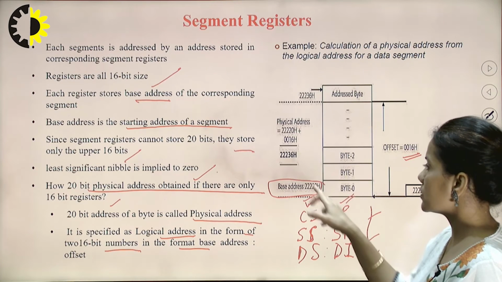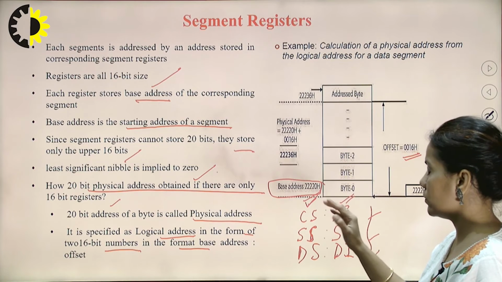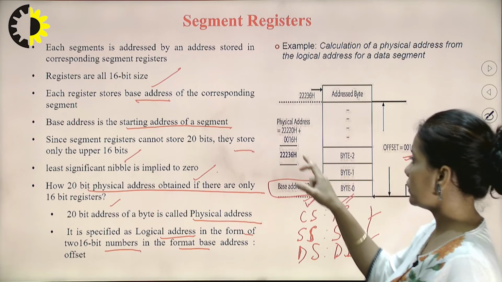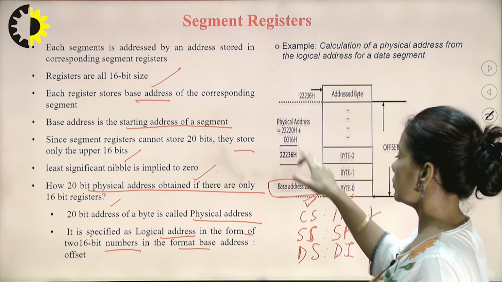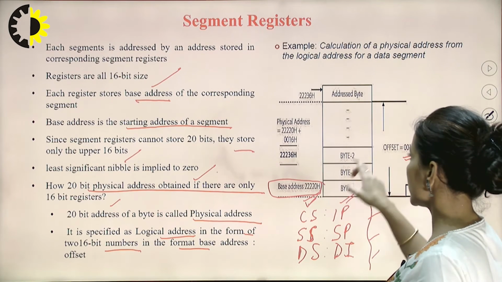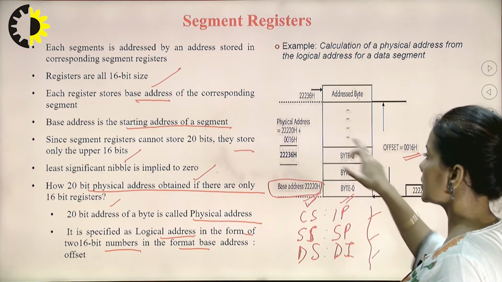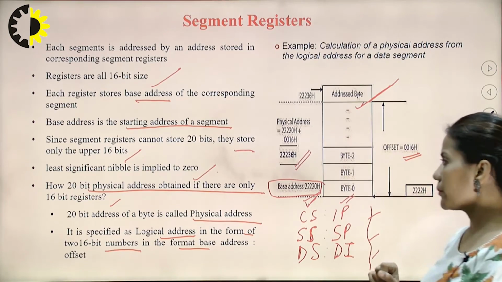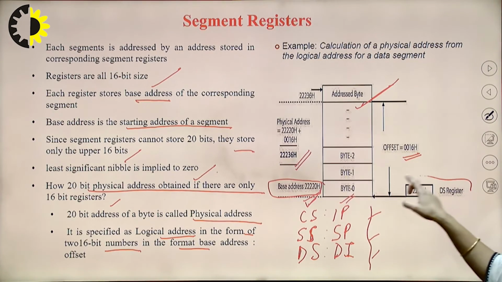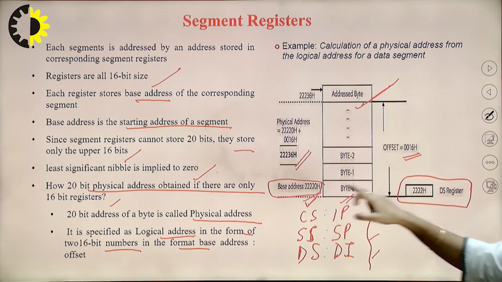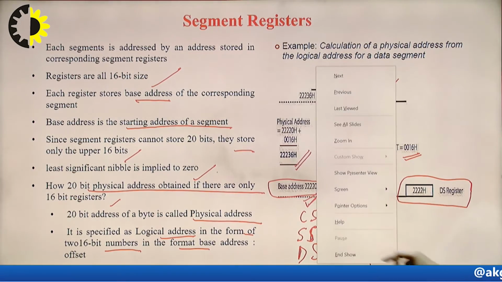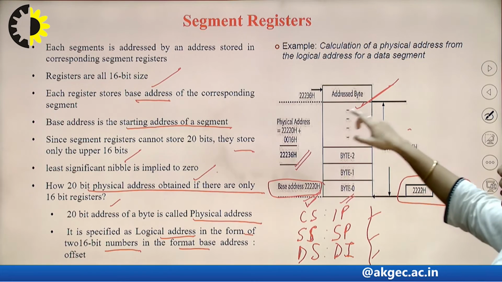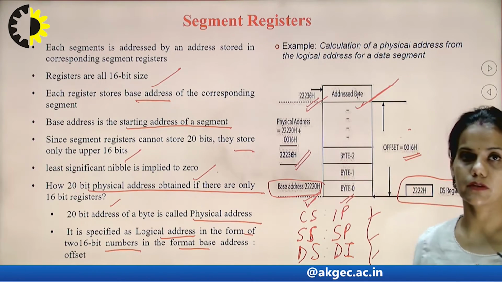We are shifting this base address by 1 digit, that is 4 zeros, to obtain 22220H, and by adding the offset, that is 0016H, we are able to obtain the new address. In this way the data segment register is holding this value. This is the base address with zeros added on the right, and by adding the 16 bit offset, we are able to obtain the final address.